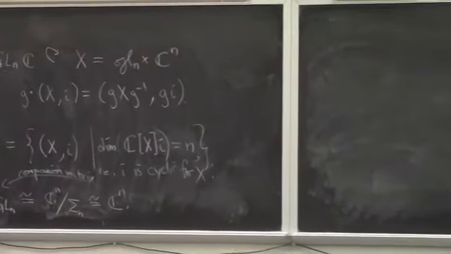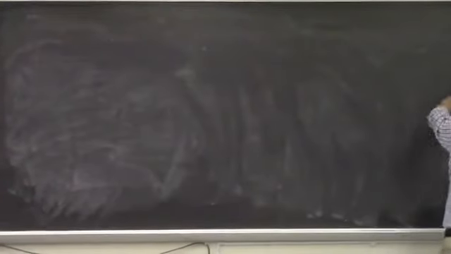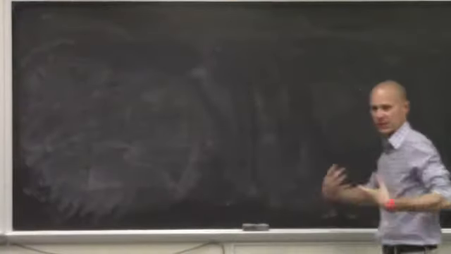Okay, so maybe it's first worth pointing out that many of the algebraic varieties that we're interested in come to us as quotients in this way. Typically, if we're interested in moduli spaces, parameter spaces of anything, they come to us as quotients. So it's natural to construct them in this fashion.